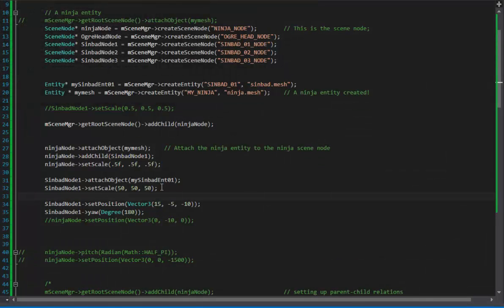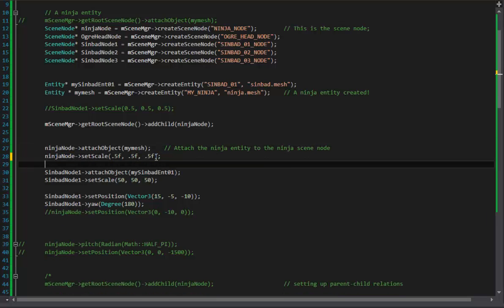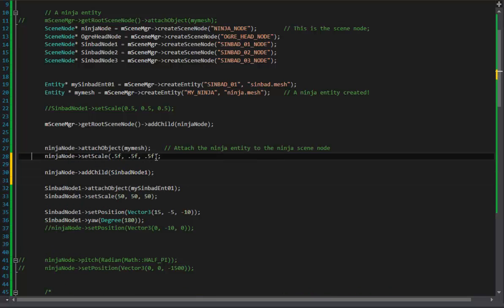So let's go about and do a little bit of cleaning up here. So I have Ninja node created, and then I attach the object to it, then set its scale to half, and then made the Sinbad scale up.